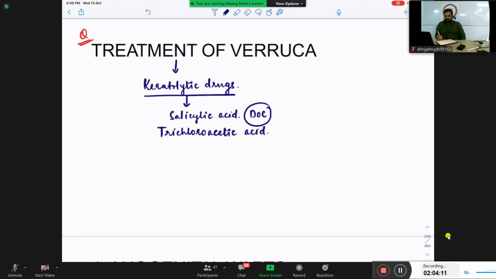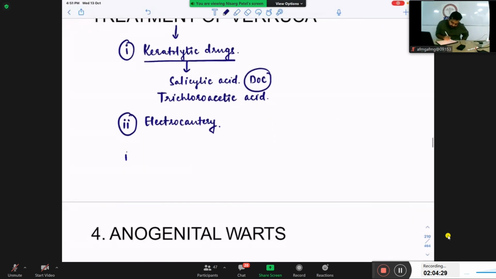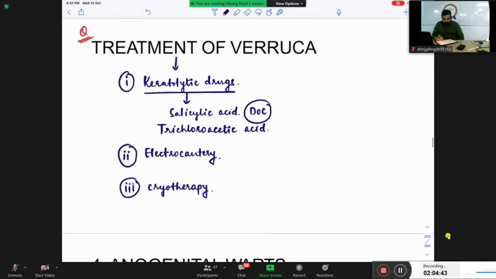The second is trichloroacetic acid. Then electrocautery, and the third is cryotherapy. So these are for the non-genital warts.